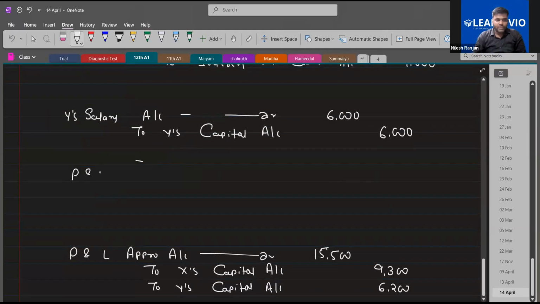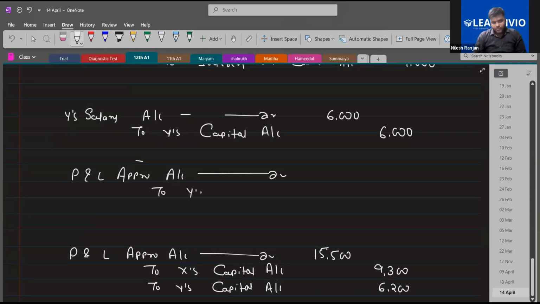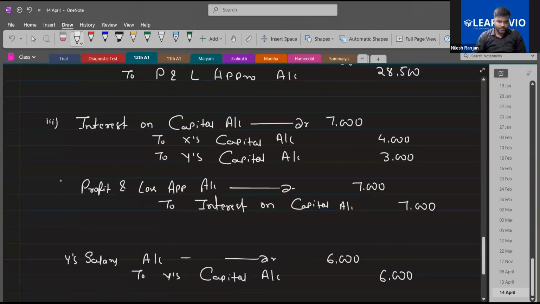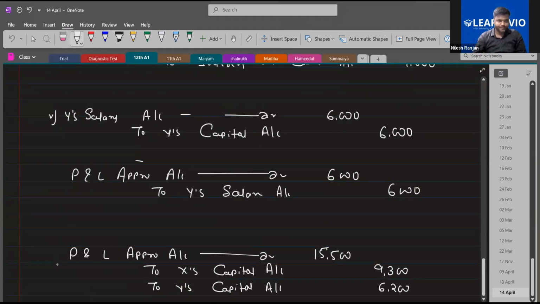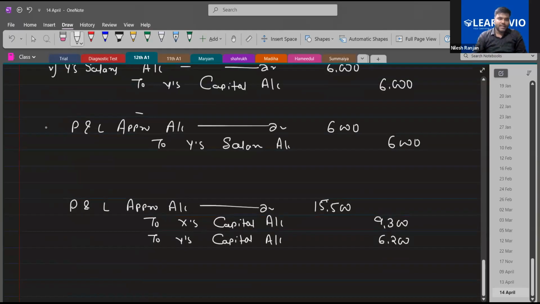So profit and loss appropriation account debit to Y salary or salary of partner, you can write 6,000, 6,000. So these 2 entries were to be added. Entry 4, then 5, 6 and 7.